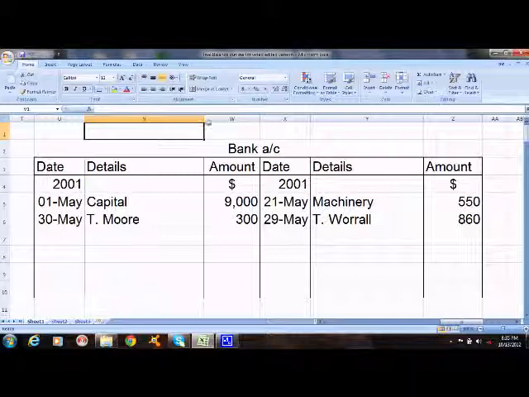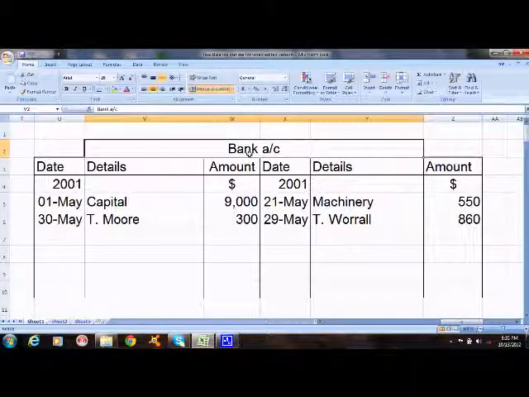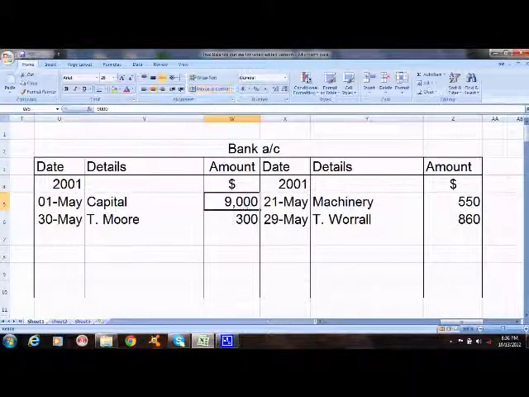Next step is to balance off. First thing that we do, friends, is add up both sides to find out their totals. When you're adding these things, you do not write anything permanent in the account at this stage. However, you could write it lightly in pencil at other places. First, we're going to look at your bank account.